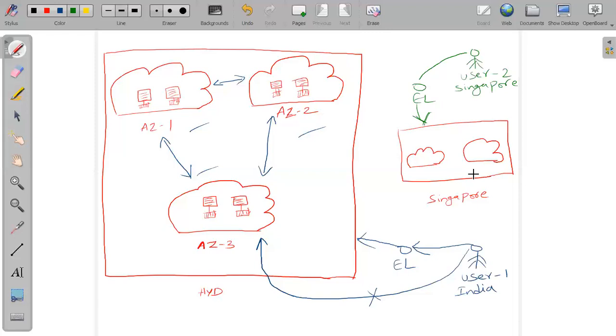Say, for example, a company called XYZ requires two servers, and a user from Singapore, take the same user, will connect to the edge location.